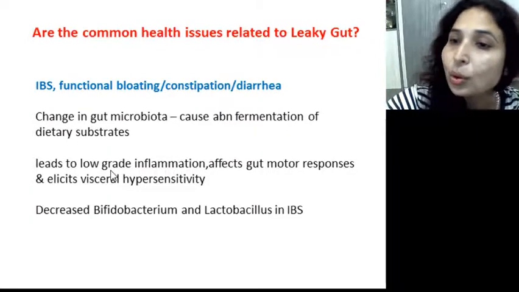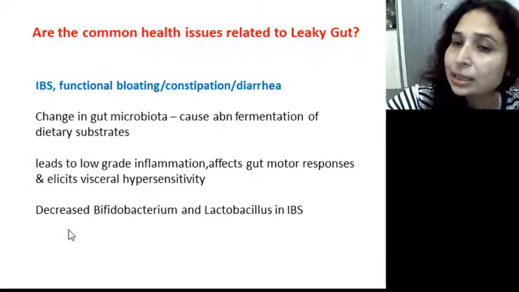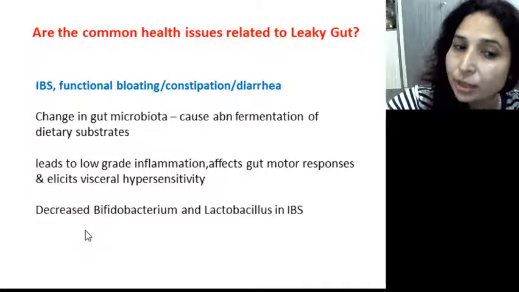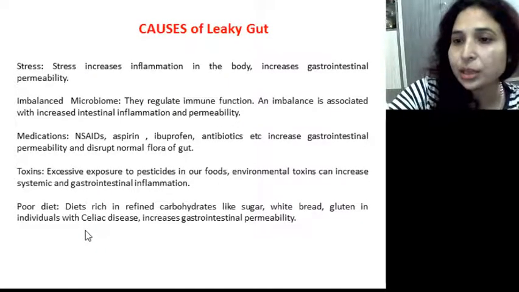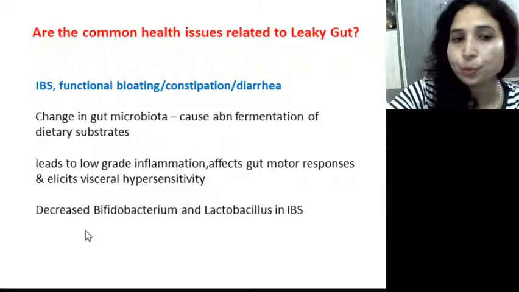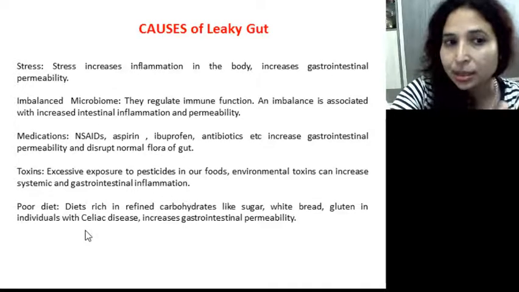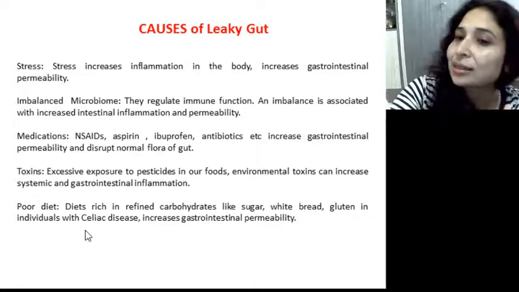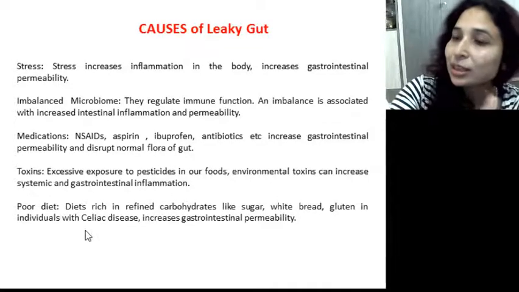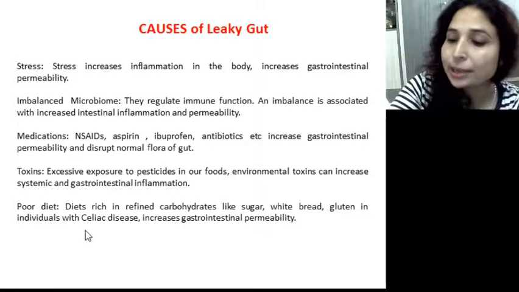This leads to low grade inflammation, and in this condition we can see that the bifidobacterium and lactobacillus are reduced in irritable bowel syndrome. So the causes of leaky gut, as I already discussed: stress, imbalanced microbiota, medications, toxins that we take with food, and other pesticides and all that we take, then poor diet.